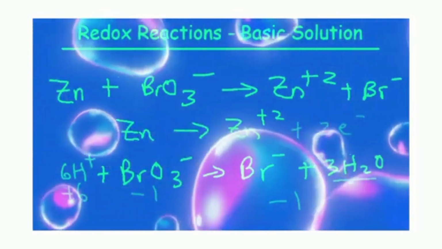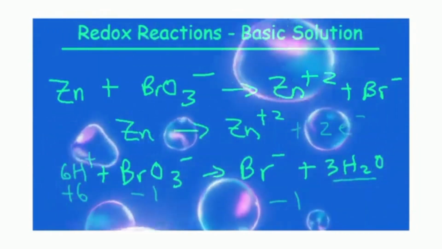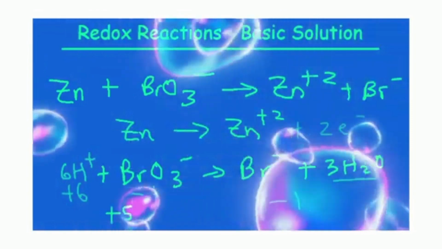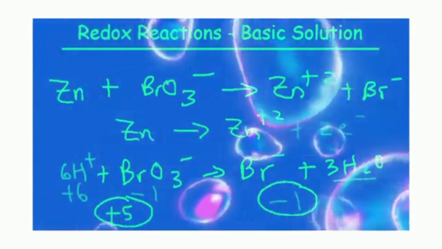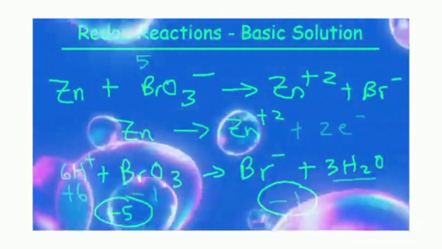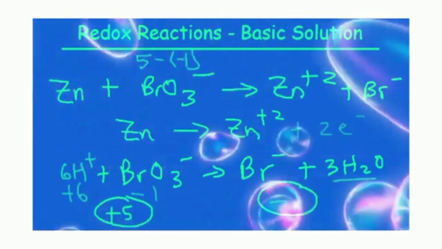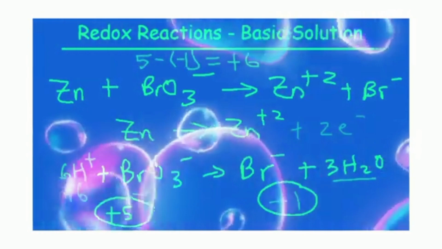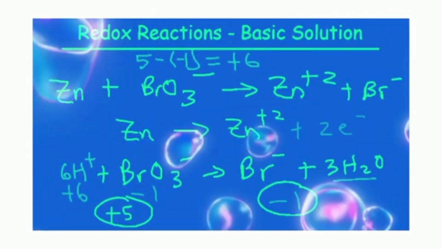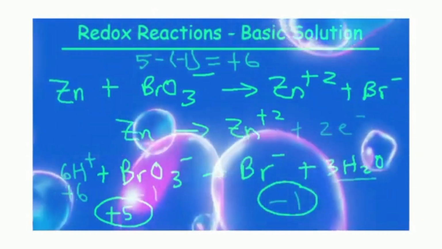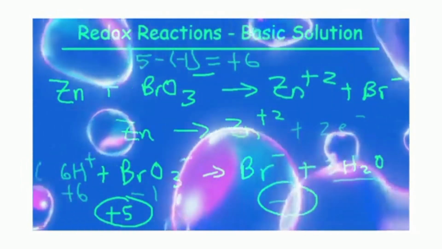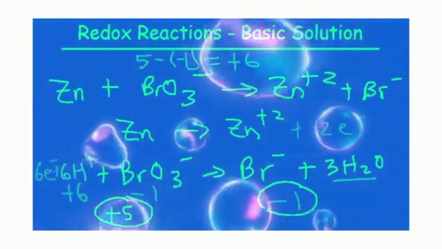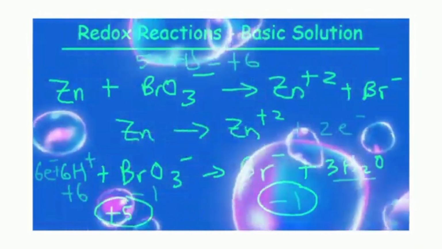So +6 and -1, the net charge on the left side is +5. The difference between 5 and -1, if we subtract those two numbers, 5 minus -1, is 6. So we need to add 6 electrons to the side with the higher charge, in this case, the left side. So now we've balanced the second half reaction.